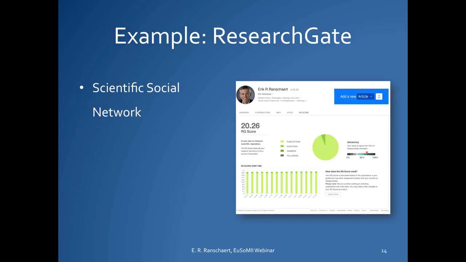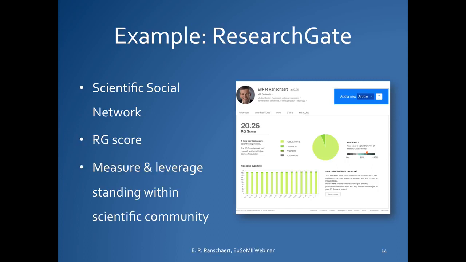Here I can show you an example of a scientific networking platform. It's ResearchGate, and it's kind of interesting because every user is assigned an RG score. The RG score is calculated based upon the publications in your profile, but also on how other users interact with these publications, for example, the amount of comments they provide, or the popularity of your publications.